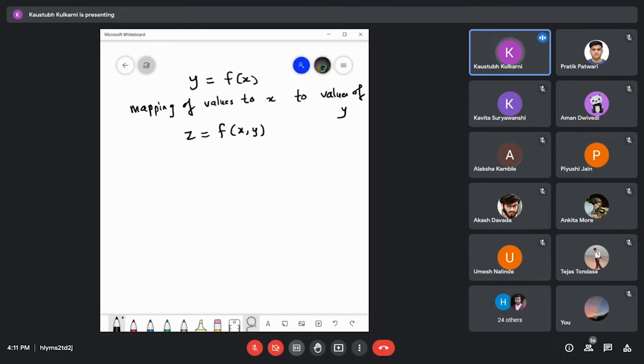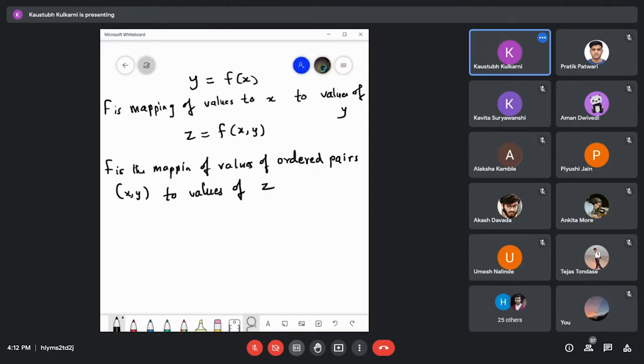X and y are the two variables, and f is the mapping of ordered pairs (x, y) of variables to the values of another variable, which is z.